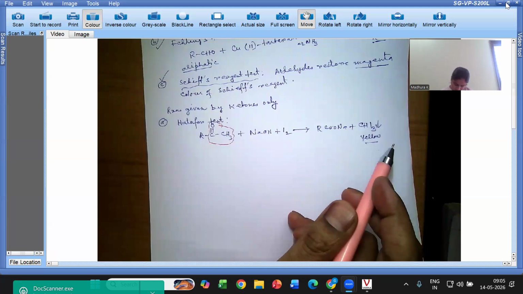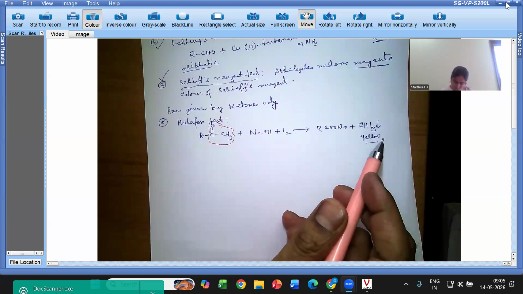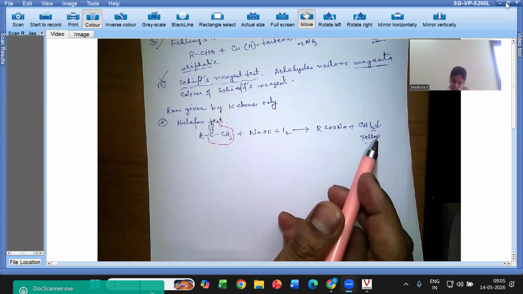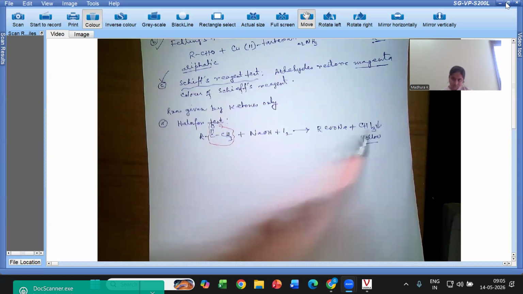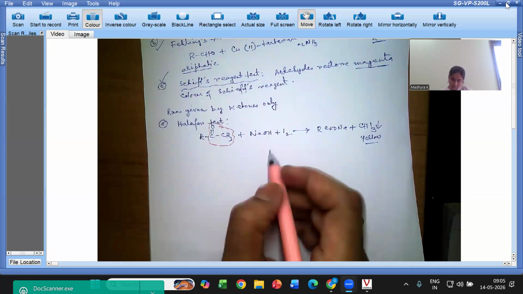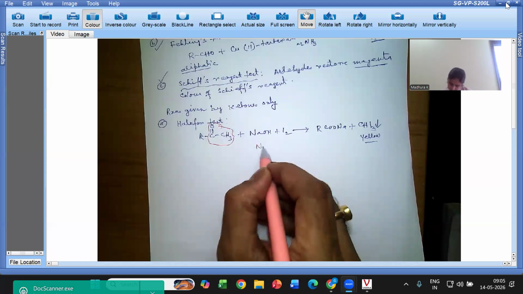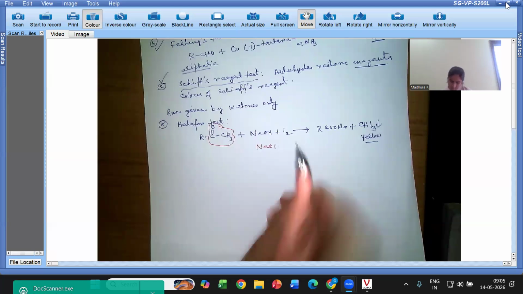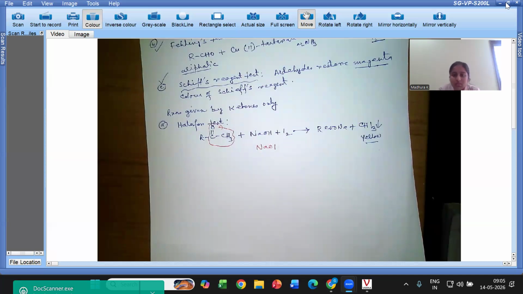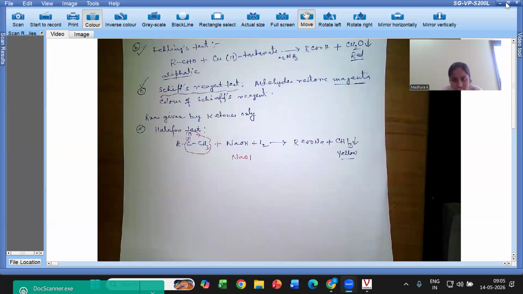Now tell me, suppose I change these reagents to NaOX, what will happen? Sometimes they might use these reagents instead of sodium hydroxide and iodine.